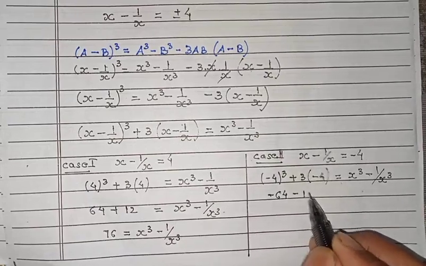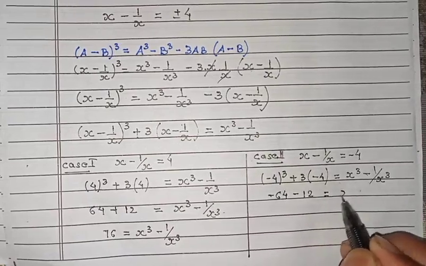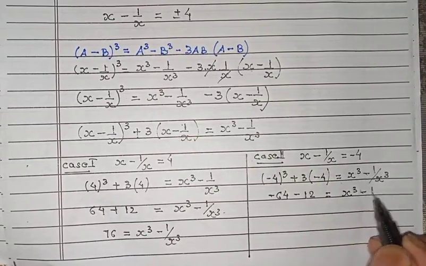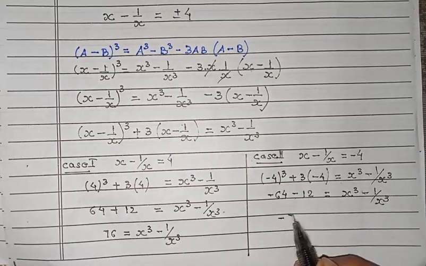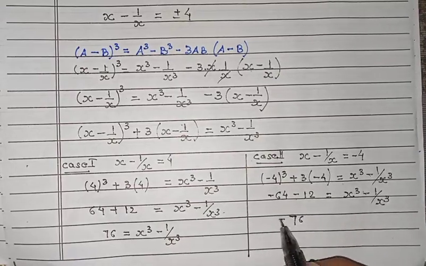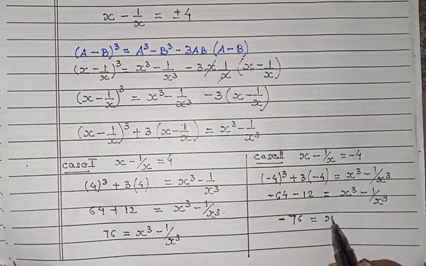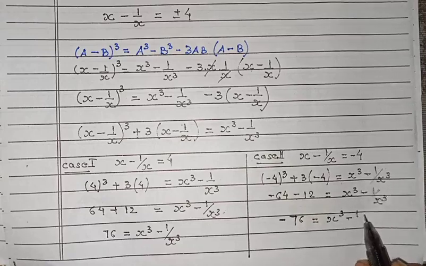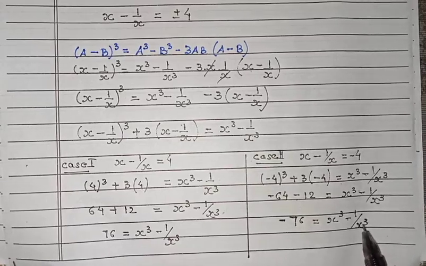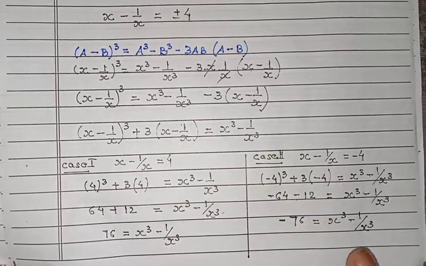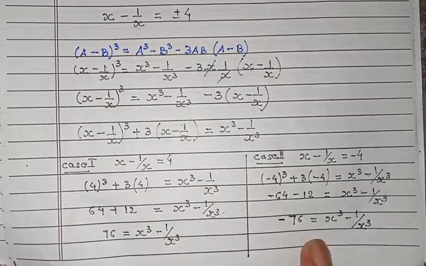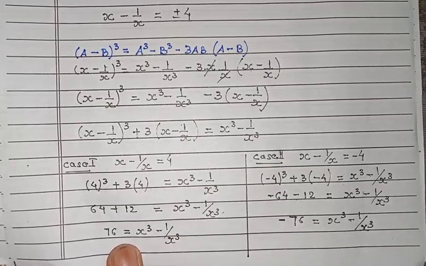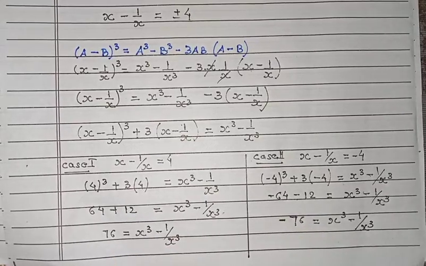This will give you minus 12. This will give you minus 76. The question has asked to get the value of x cube minus 1 upon x cube. So these two will be the result, positive 76 and negative 76.